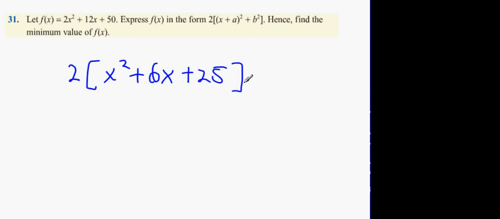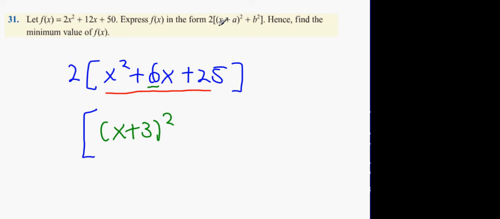As with before, you ignore the outside and concentrate solely on the inside. What's half the coefficient of x? The coefficient of x means the number that comes in front of x. It's 3, so we're going to use x plus 3 squared. We have to make a perfect square out of it because it wants a perfect square.